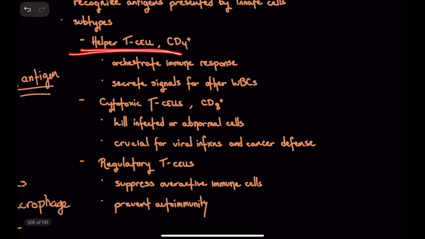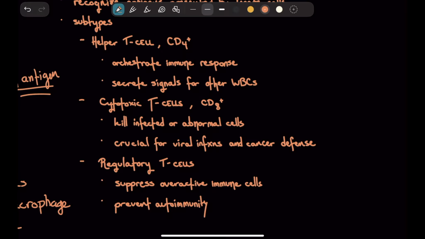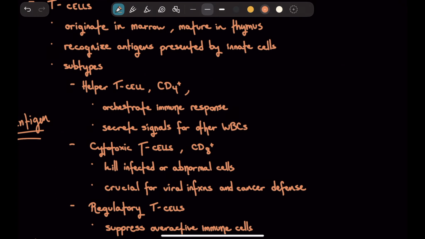But with T cells, we have some cool subclasses, if you will. Your helper T cell is the first one we'll talk about. When I say helper T cell, I want you to think of a conductor, somebody with the baton on the stage.